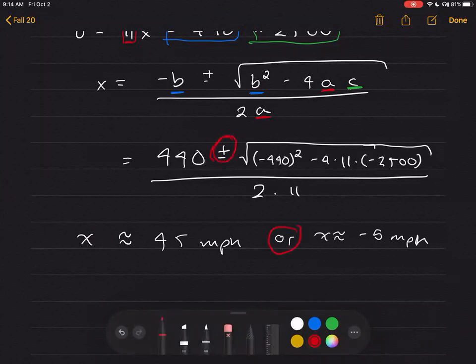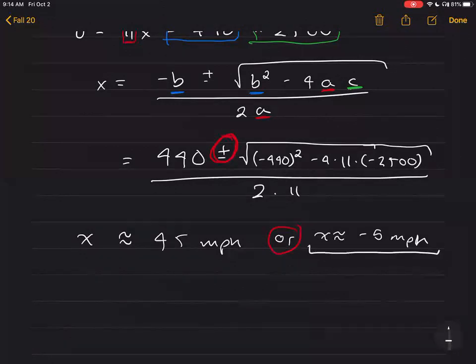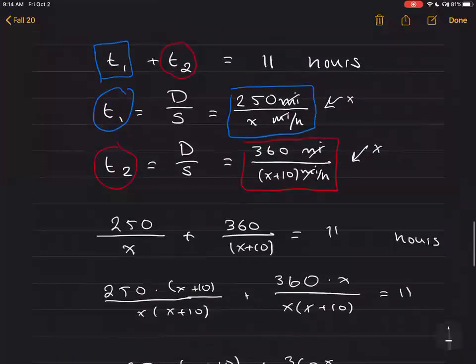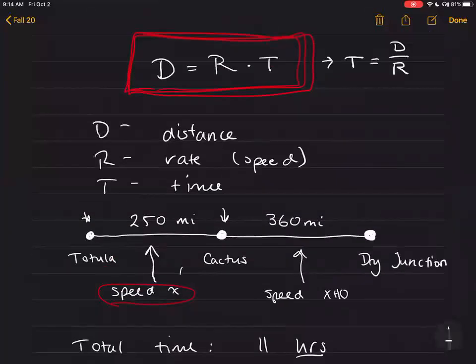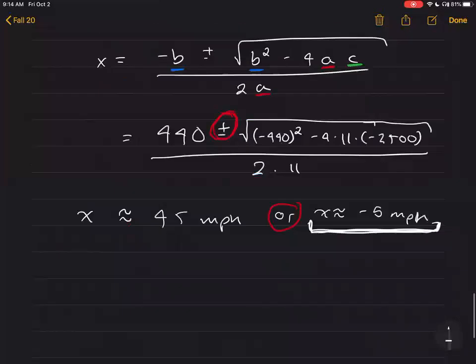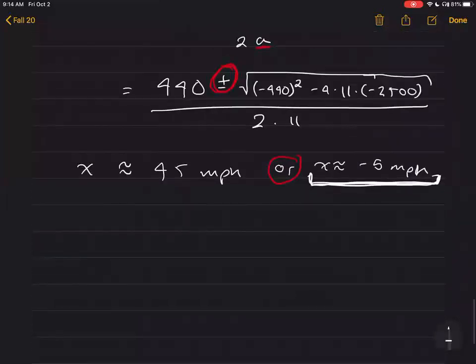So there's two cases, and now we've got these two answers, and one of them might look a little strange. X is a negative number here, and remember, we were using x to mean the speed. Speed can't be negative because we're just going forward in this problem, so this one is impossible for this problem.